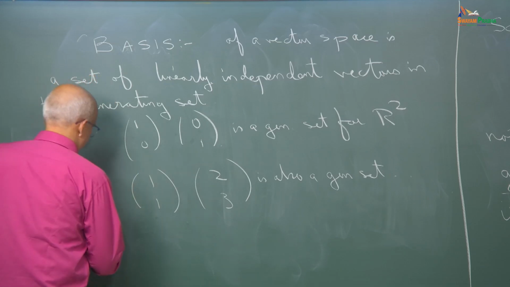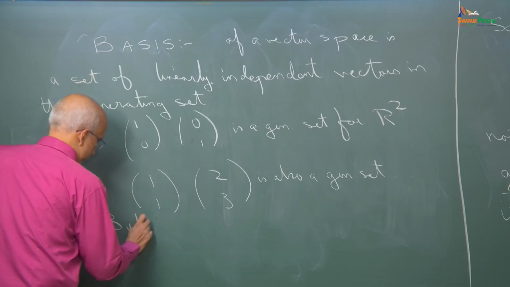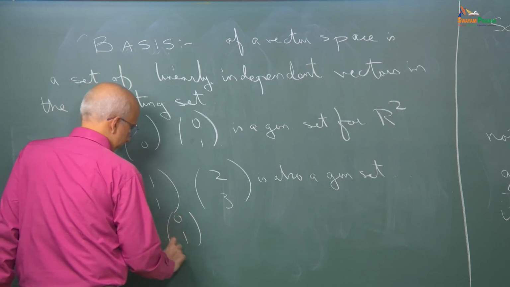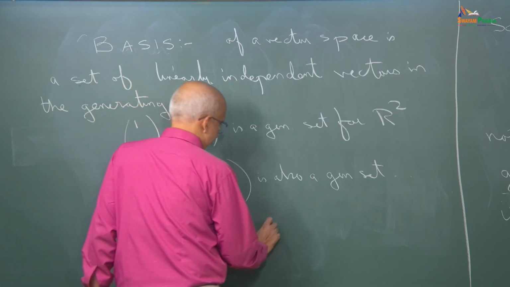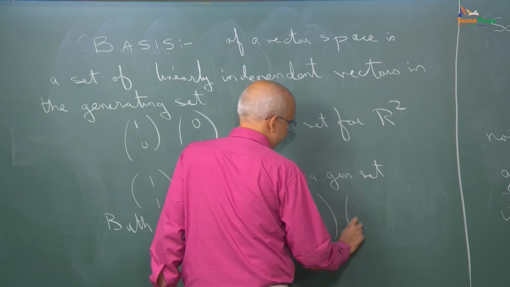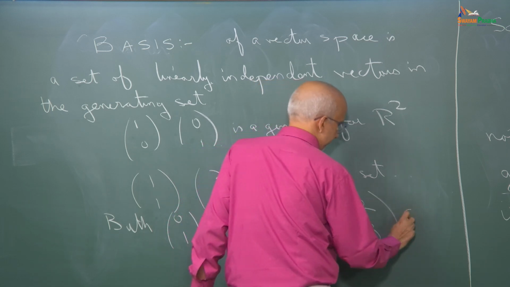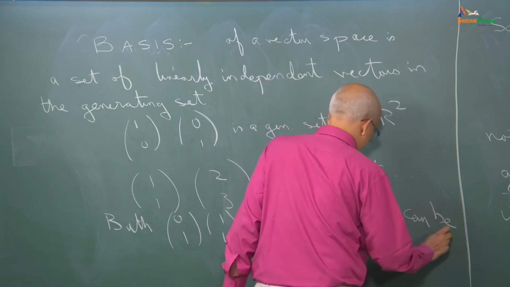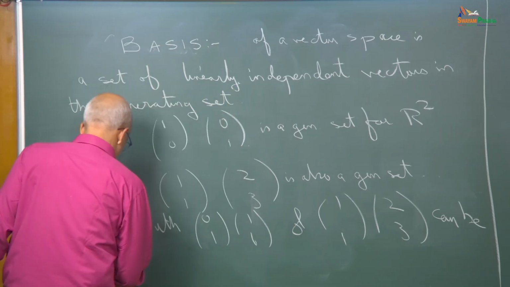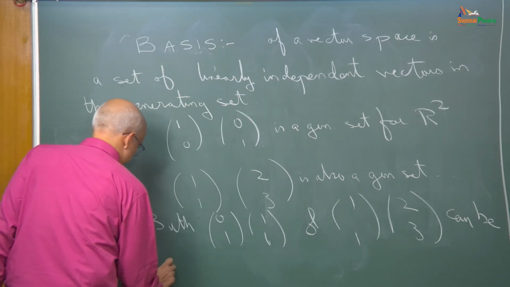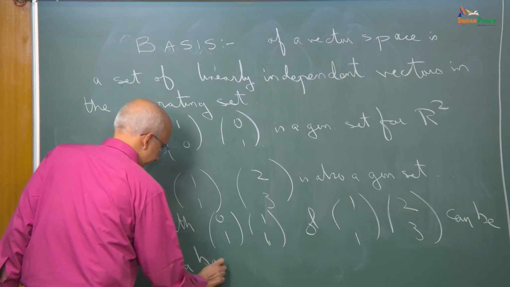So, both 0 1 1 0 and 1 1 2 3 can be used as a basis.